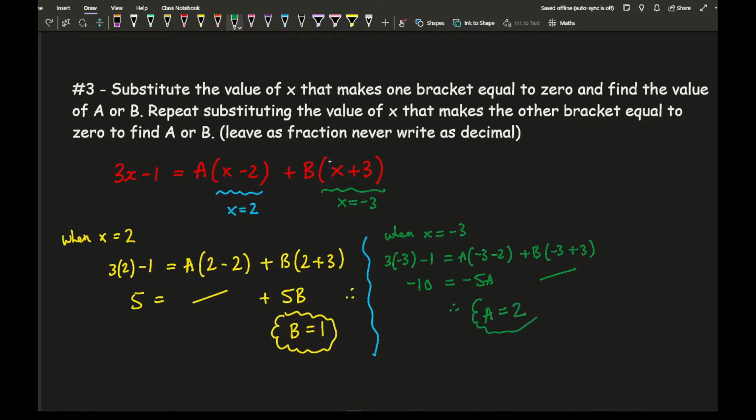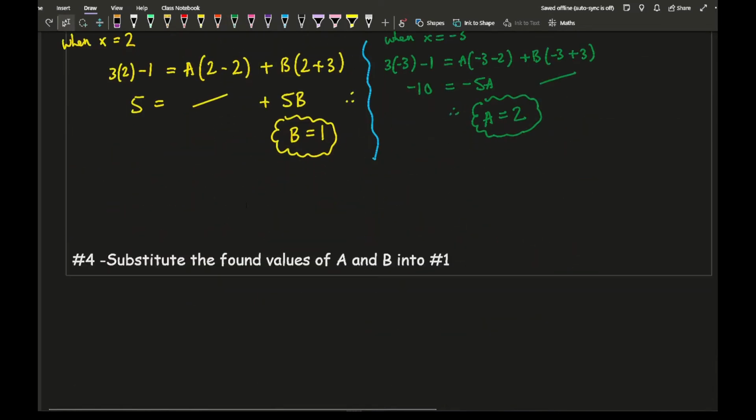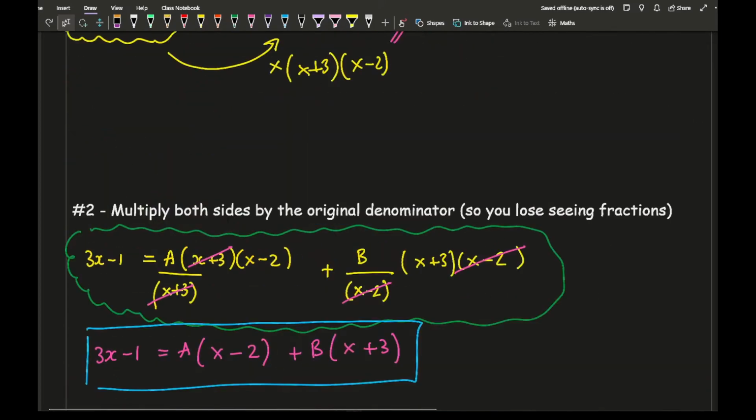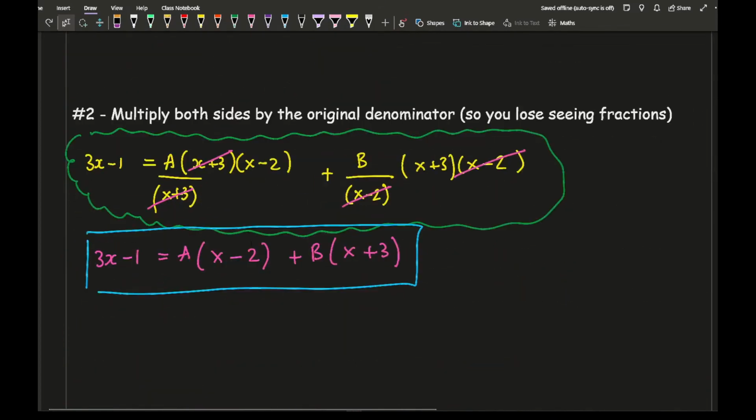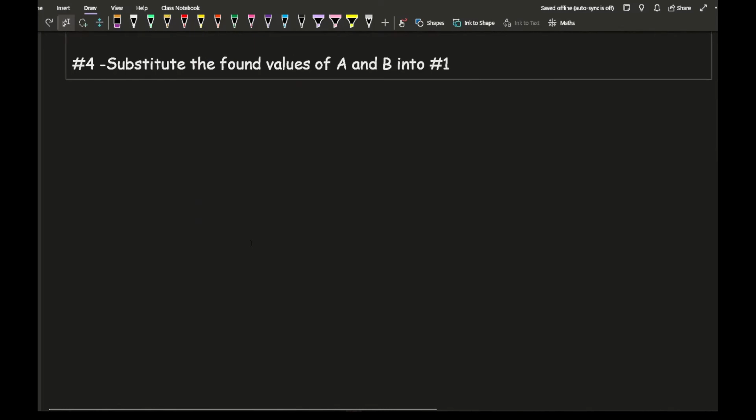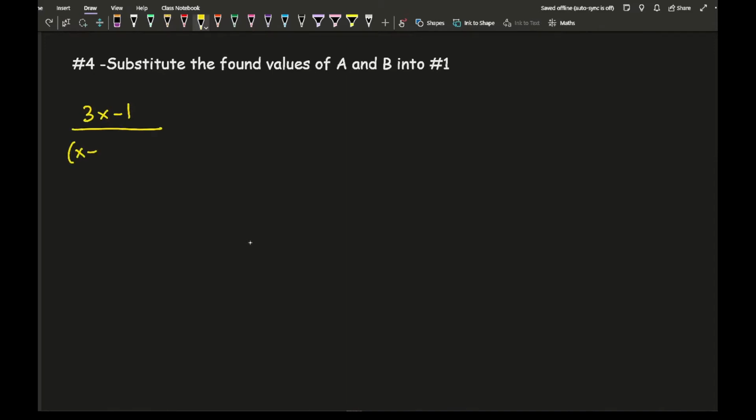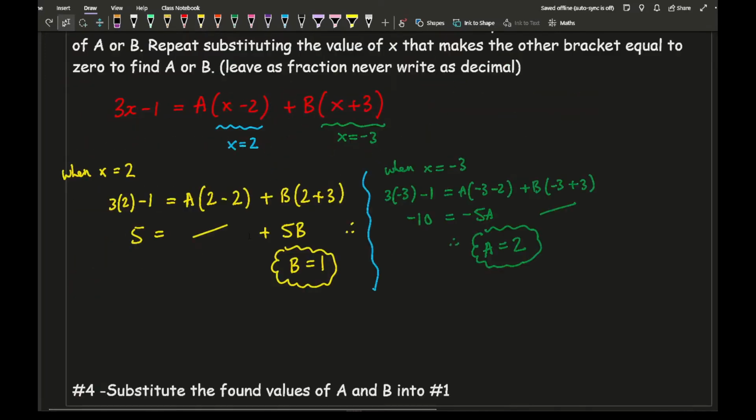So now I've found my values of a and b. So the fourth step is all I've got to do is substitute a and b into my first step, which was this. Testing my memory, which at the moment is not great, so I've got 3x minus 1 over x plus, I've forgotten what it was.